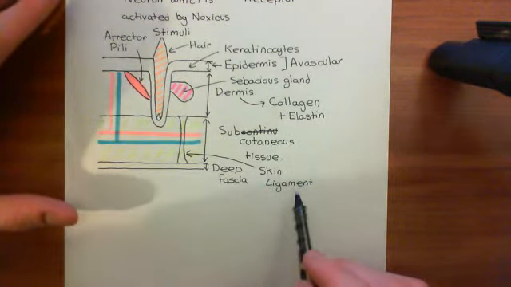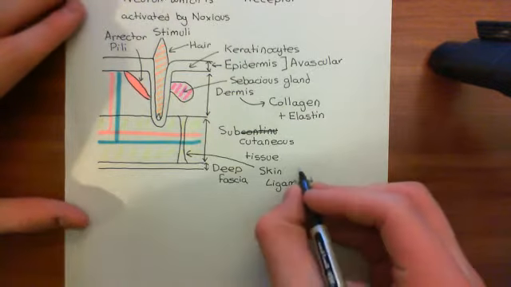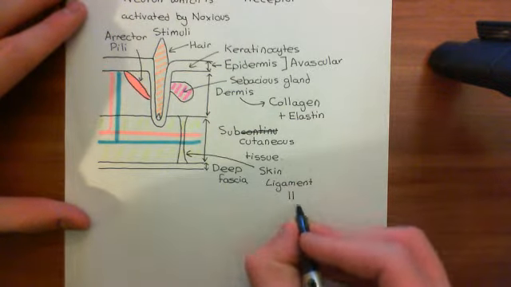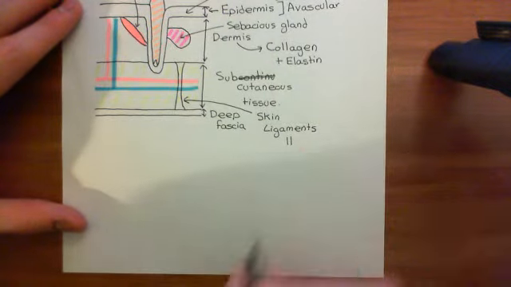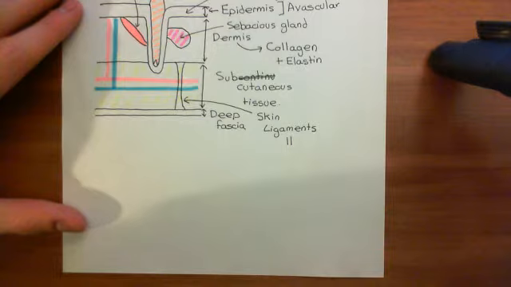are called skin ligaments. Now, the formal old anatomy name for skin ligaments is the ligament retinaculum cutis.